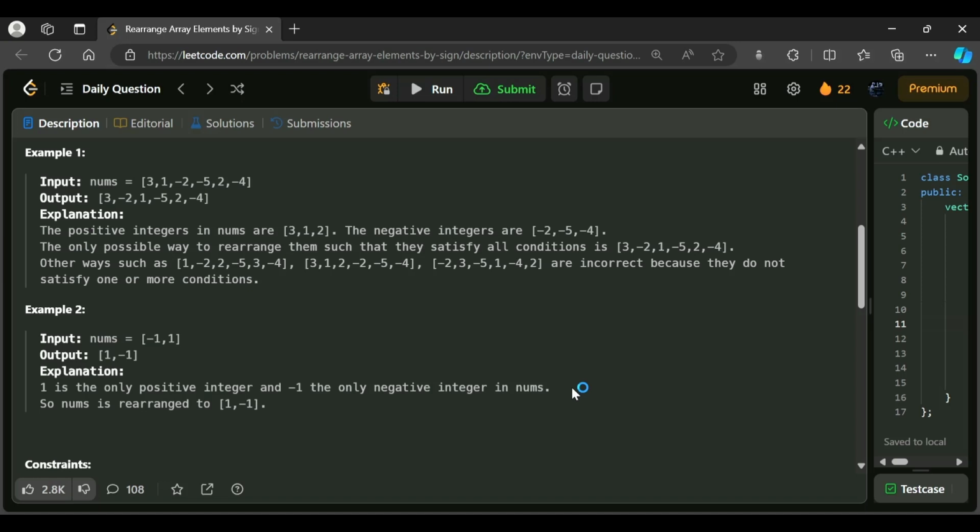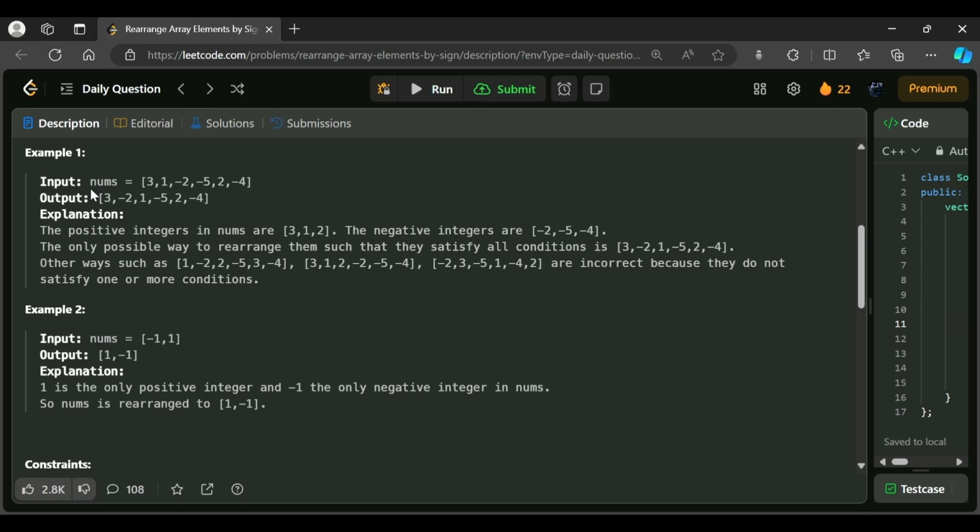After you properly arrange your positive and negative, you can create another result vector, or you can just update one of these, because you already have two vectors, negative and positive, so you don't need to worry about making the code more complex. Just run a for loop, and first take a positive element, then insert a negative element, then positive, then negative. In that way you return the vector, right?